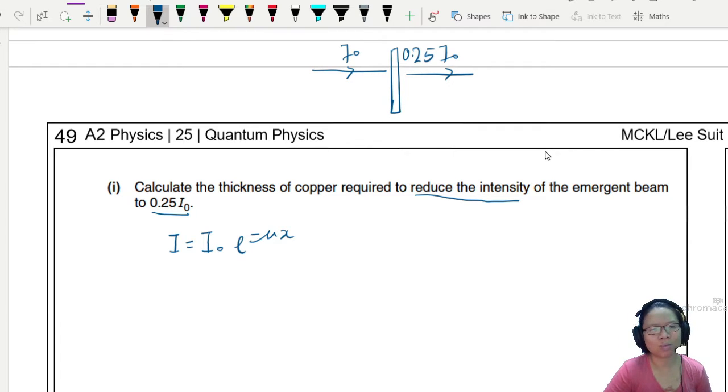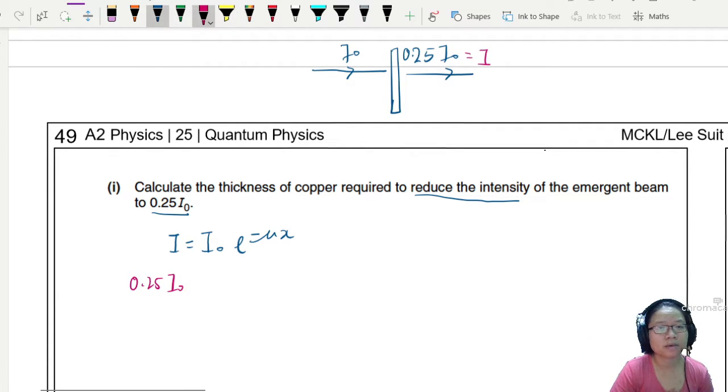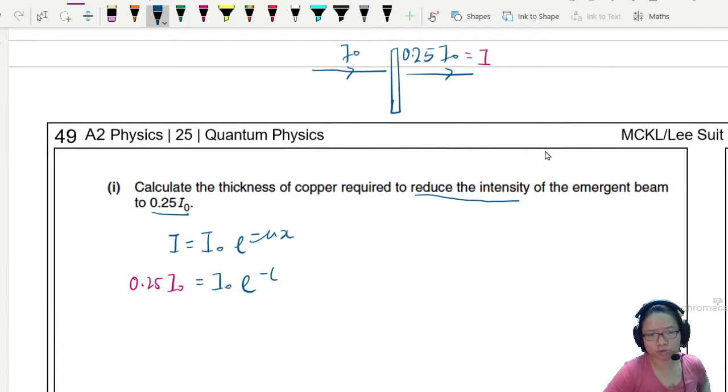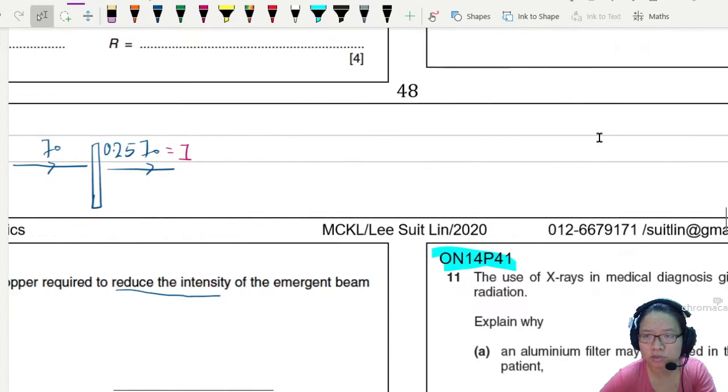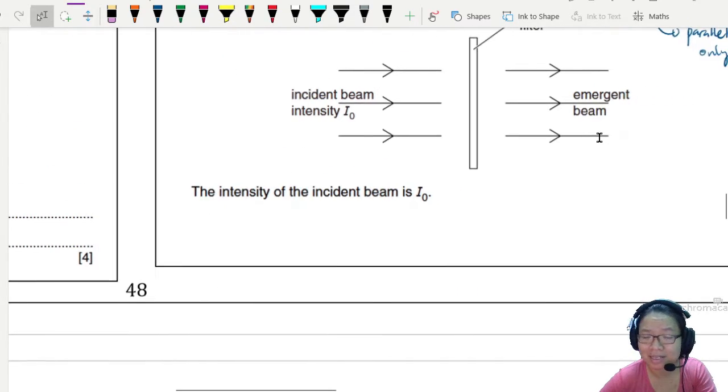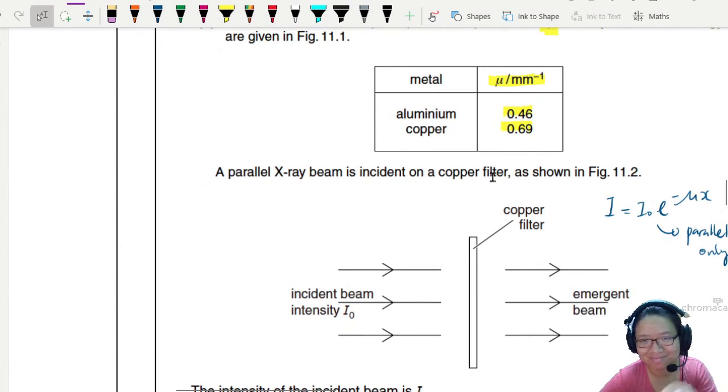And right now, our I is 0.25 I0, because this is I emerging from the filter. And this is I0 e^(-μx). What is the linear absorption coefficient for copper? Let's go back and copy the copper mu. The copper's mu is 0.69.